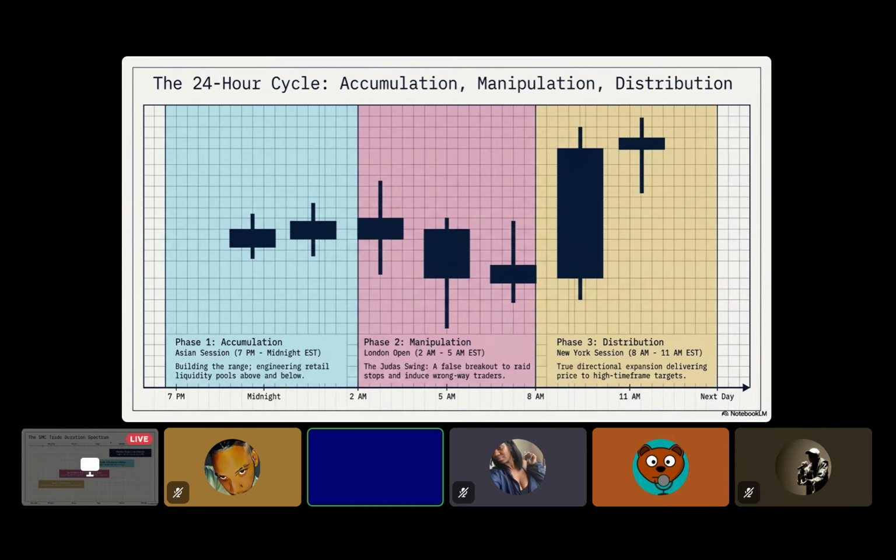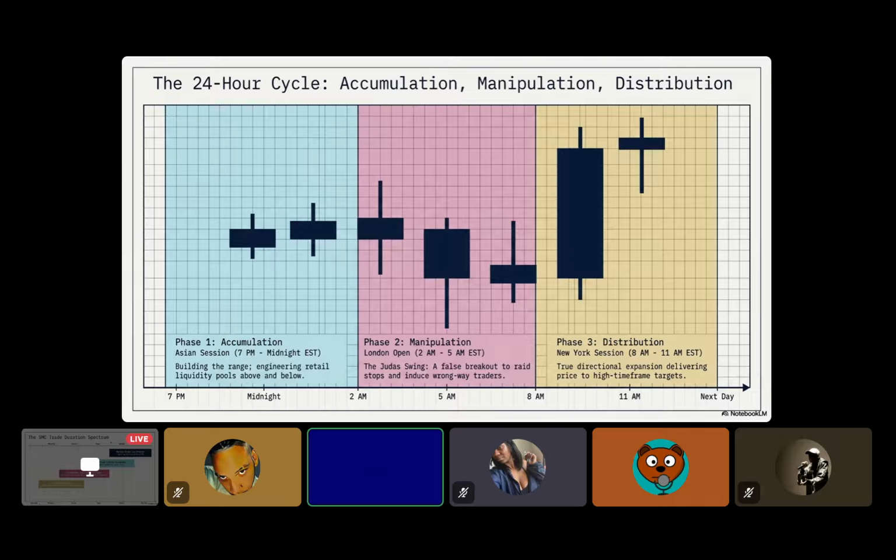Now the 24-hour cycle. Once again, we're looking at that AMD, accumulation, manipulation, distribution, that we talked about before, when we're looking at the trading day. Phase one is accumulation, and typically that happens in the Asian session, depending on the asset you're trading.